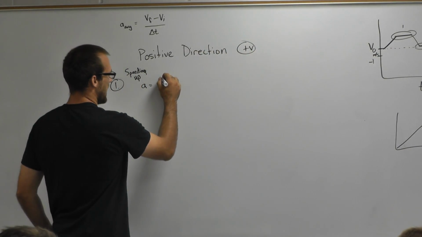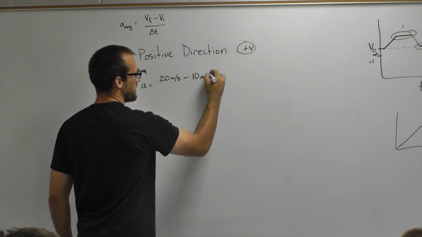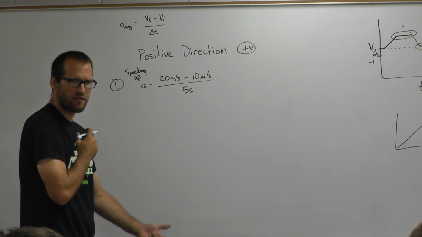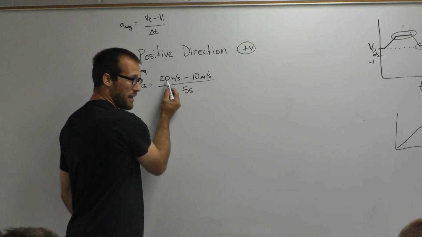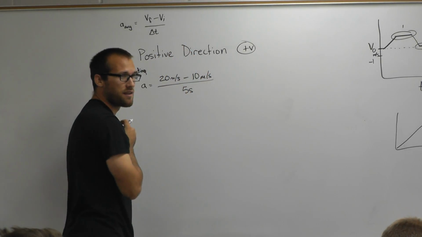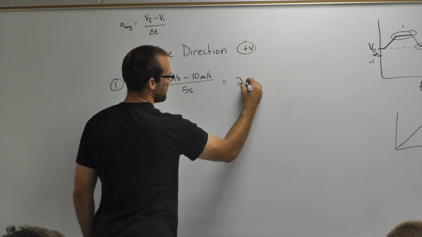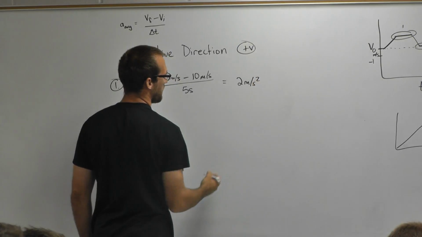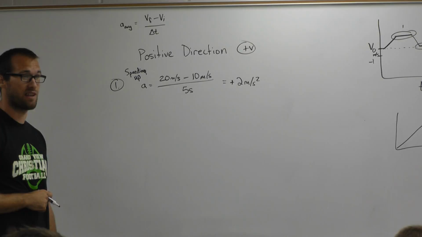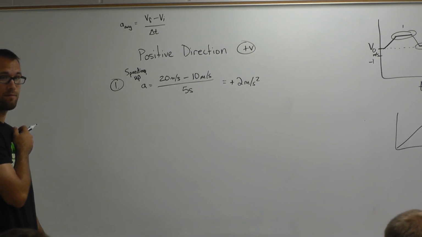Let's say I'm 20 meters per second final minus, initially I was 10 meters per second, over a 5-second window. Does this agree that I'm speeding up and they're positive? The only reason this is negative is because the equation is negative. So what is that? 2 meters per second squared. So speeding up in the positive direction gives me a positive acceleration. Isn't that what A said on the previous slide? Make sense?